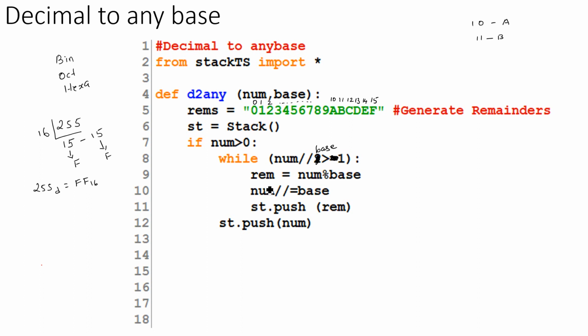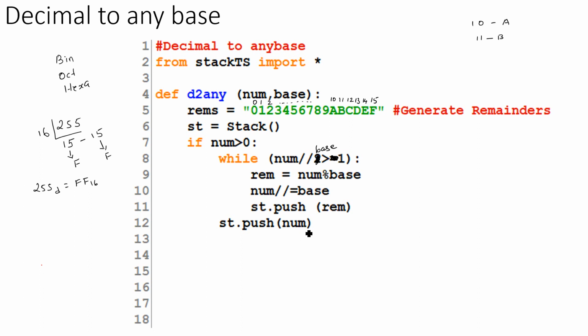The remainder will be stored, and the quotient will be stored in the number. The number will continue to get reduced. When the number becomes equal to 1, we come out of the loop, and whatever number is there will be stored onto the stack. Okay.